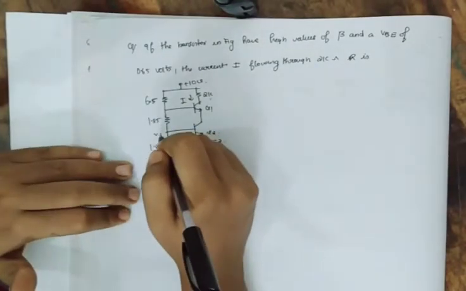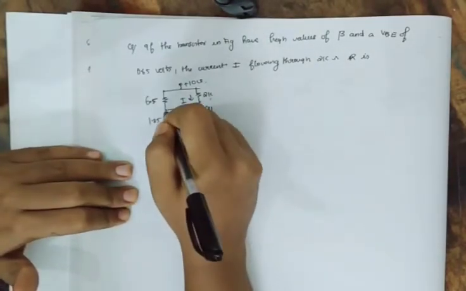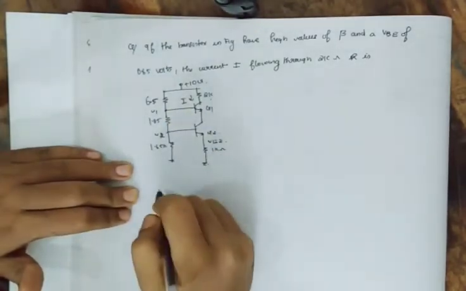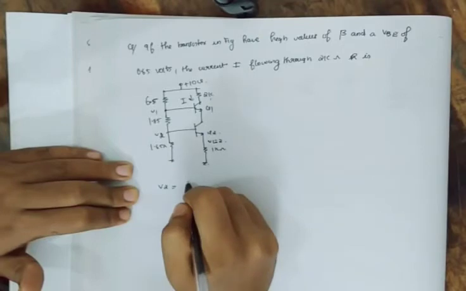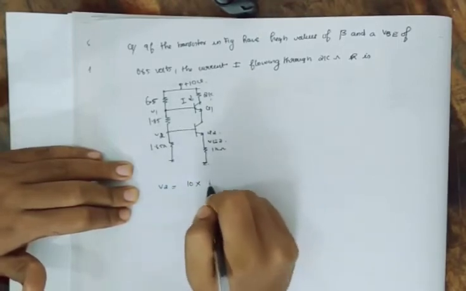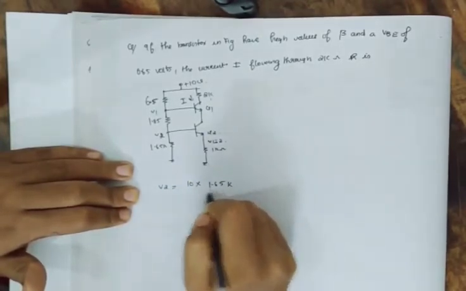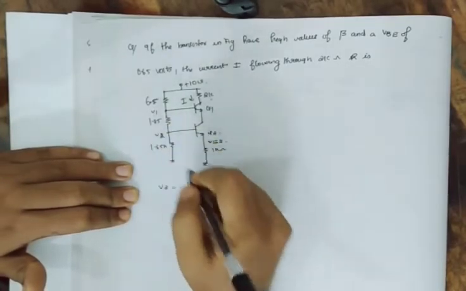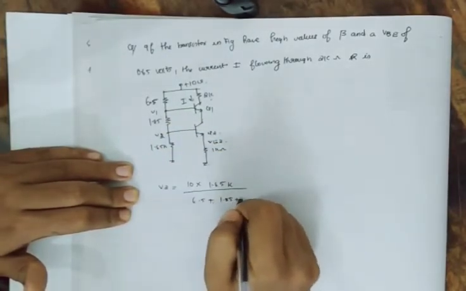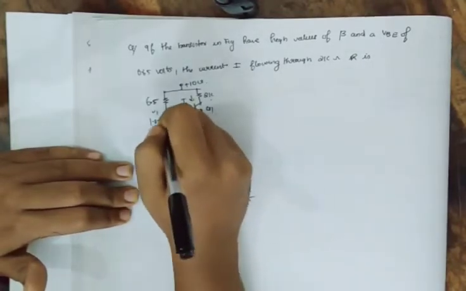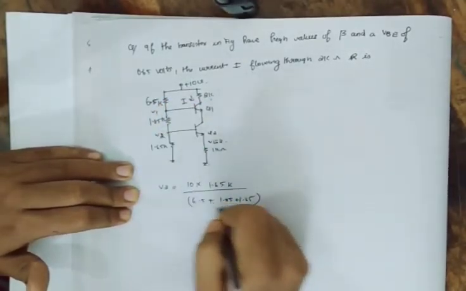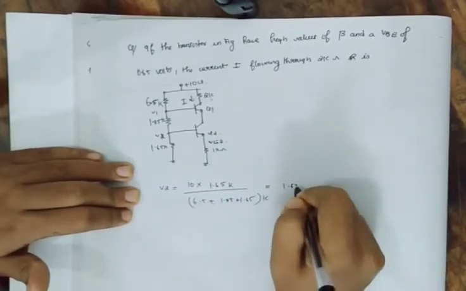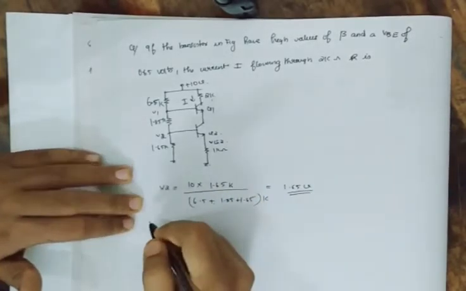Now this is V2, let this be V1. So what is V2? V2 is equal to, by the voltage division principle, 10 into 1.65K divided by 6.5 plus 1.85 plus 1.65, everything in K, which is equal to 1.65 volt.